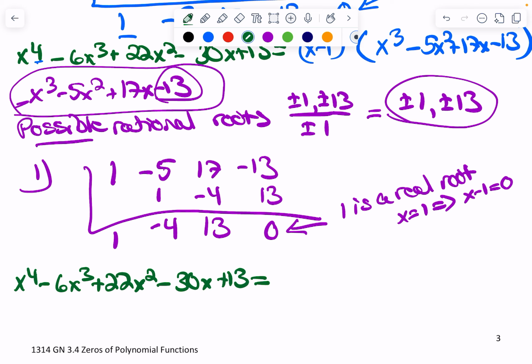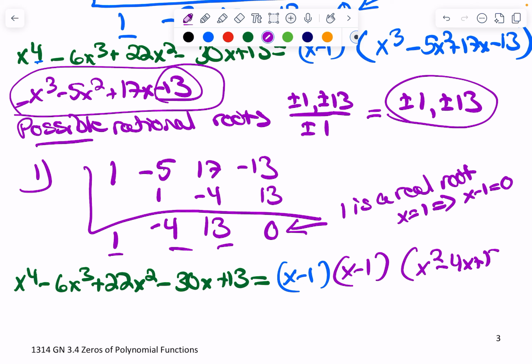We figured out two factors. We figured out that it has an x minus 1 and it has an x minus 1. Look at that, there's two of them. And then we have this factor here, x squared minus 4x plus 13. We need to factor this one right here.